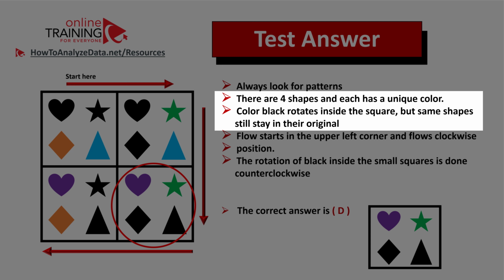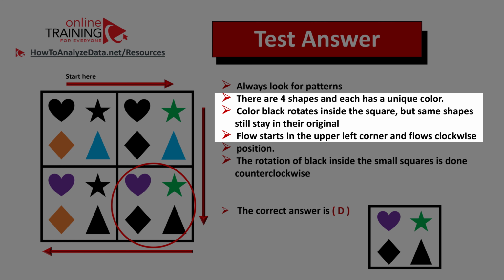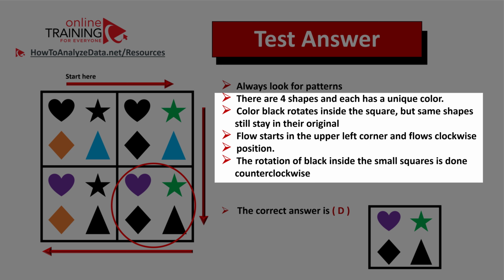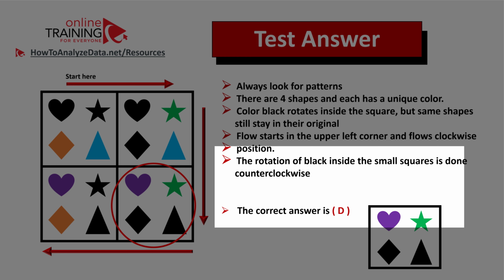So, as usual, always look for patterns. You see that the flow among the shapes starts in the upper left corner and flow goes clockwise. But the rotation of the black color inside the squares goes counterclockwise. So, that's the tricky part of the question. But there's always the right answer. And as you can see, the right answer here is choice D.